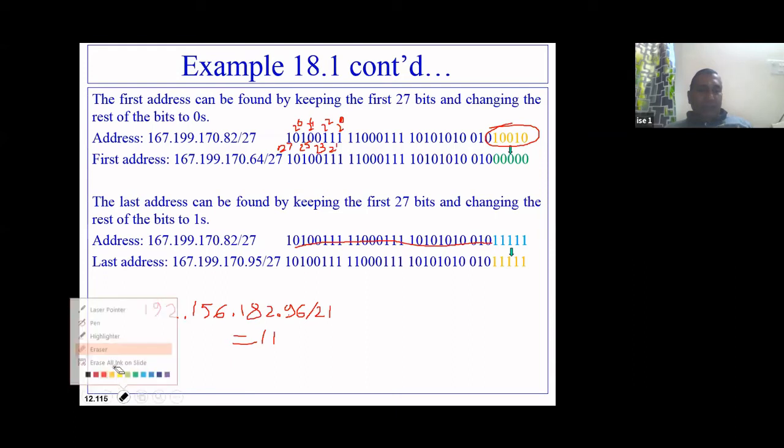So this is 160 plus 32, and the remaining 5 bits all 0. So 0, 0, 0, 0, 0. So this is equal to 192.